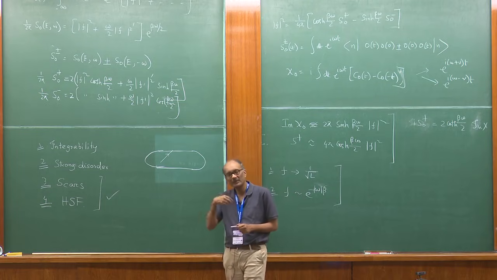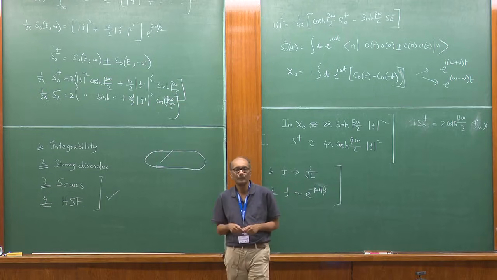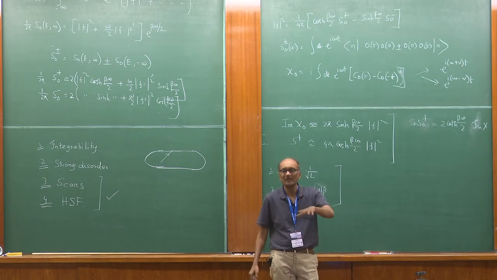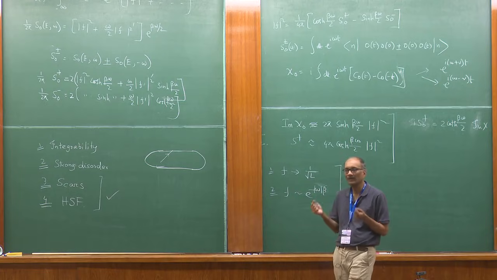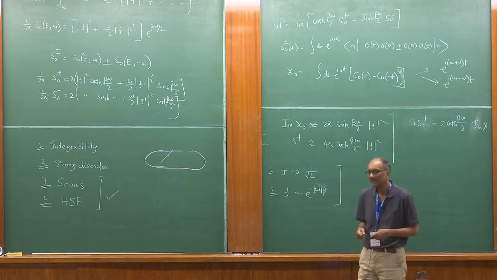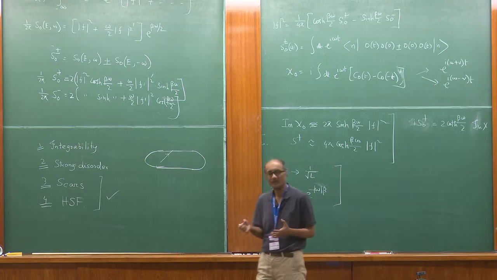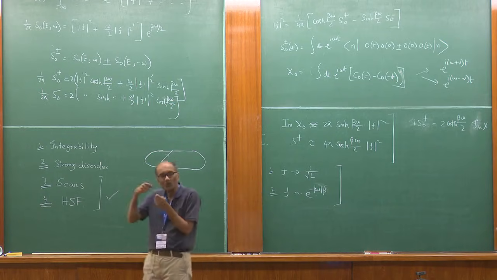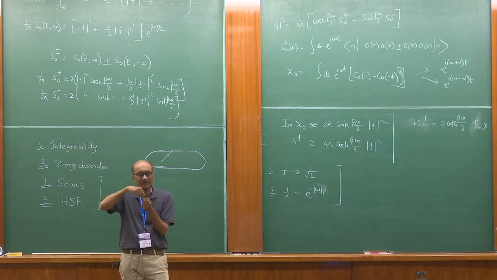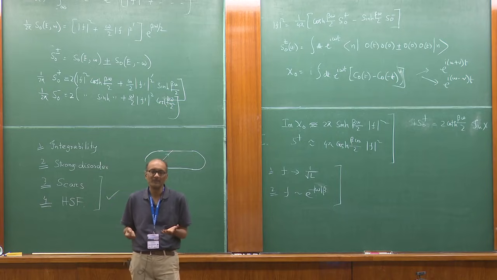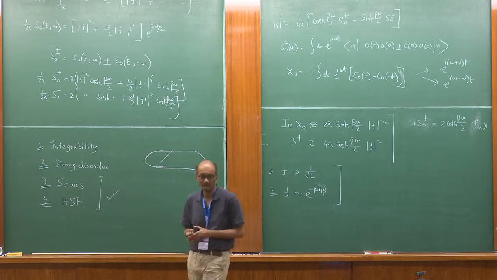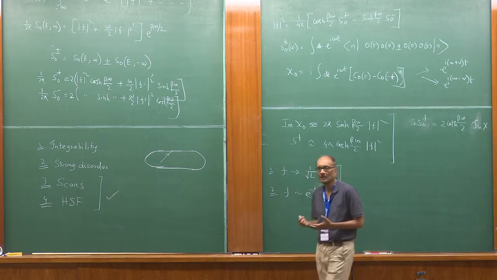However, if there is a bunch of states which is protected by some symmetry, they do not interact with this thermal state, then it can give very different results. And if you see dynamics or expectation value of anything, starting from one of those states which is there in this symmetry preserving sector, you will see a very different kind of behavior than what ETH tells you. So that's how this thing is violated.